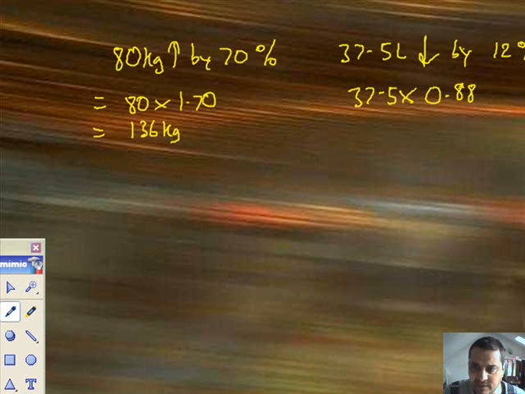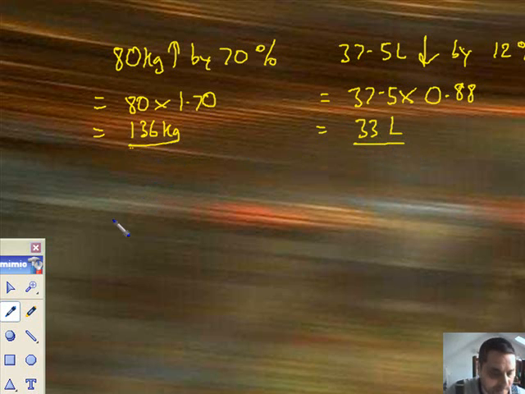That's 88%. And let's just go for it. So 37.5, multiplied by 0.88. Now of course you can work out 12% of 37.5 and then take it away. You're asked to use multipliers, so let's just do that. Answer 33 litres, and that's that one, and that was that one. Done. End of it.